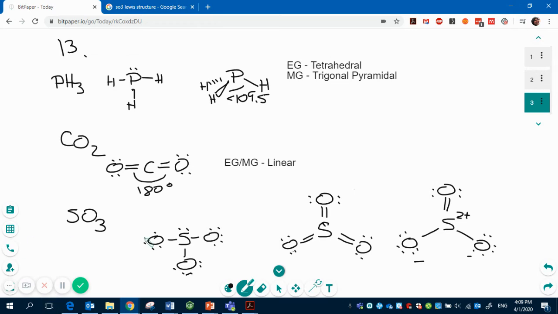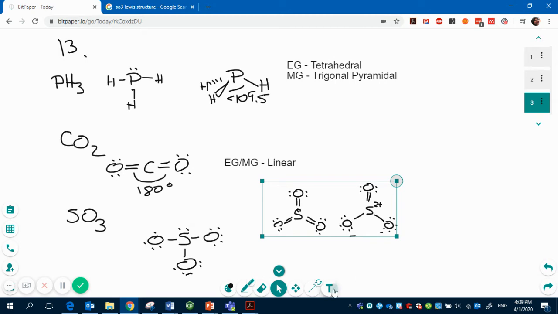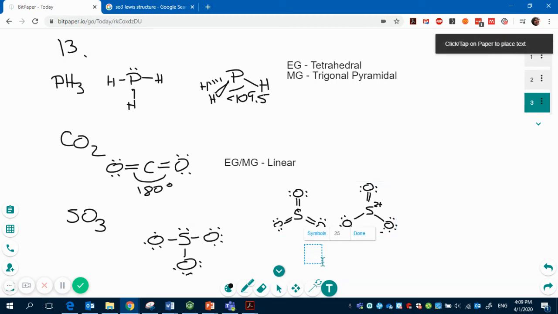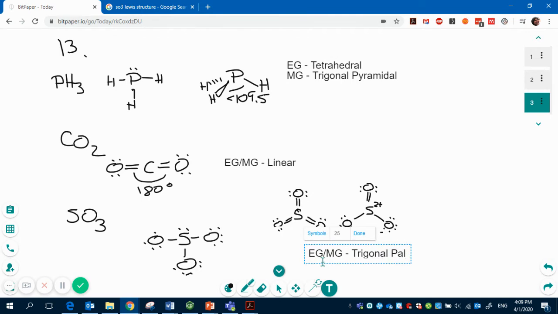Both of these are acceptable, and conveniently they have the same geometry. So in this case, there are no lone pairs on the sulfur, so the electron geometry and the molecular geometry are both trigonal planar.